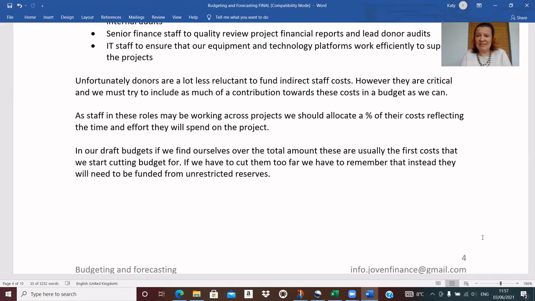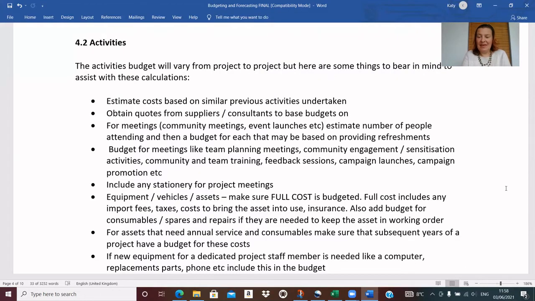We start slashing the percentages of contribution to make the budget work. And whilst that might be necessary, we also just need to reflect and remember that if we are doing that, we will have to fund the costs still from unrestricted reserves.